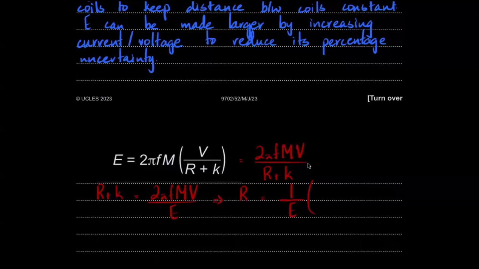One is R, one is E. So I just want to have it separate. So this is 2 pi fmv, and I subtract the k on the other side.